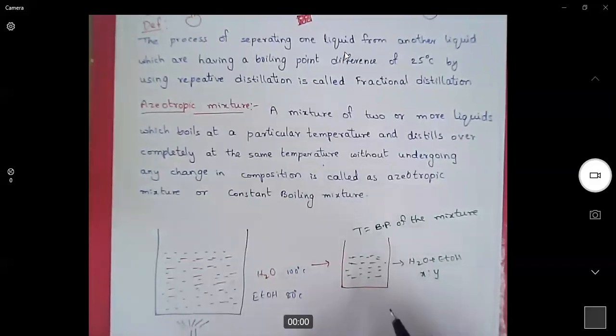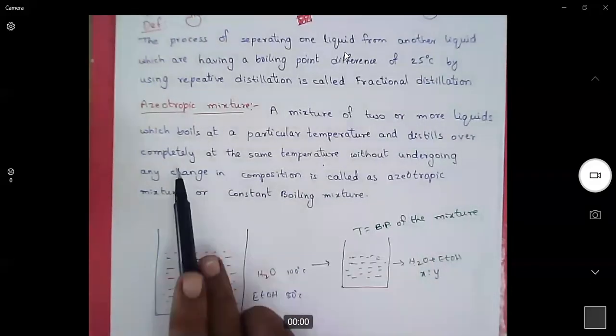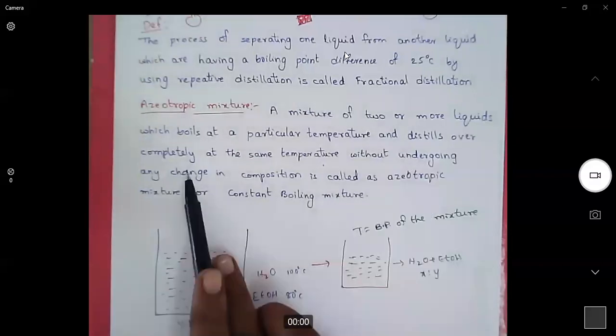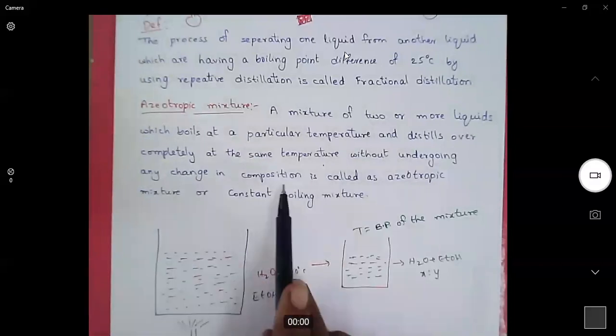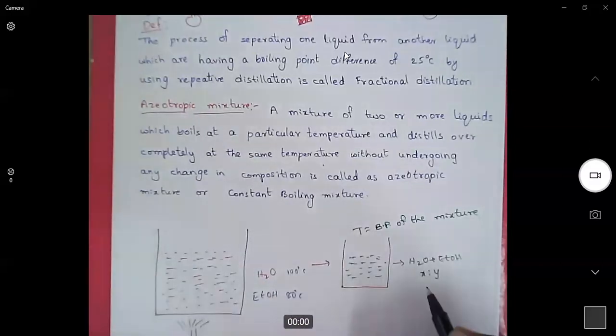That means, say for example, before distillation, if this mixture forms a uniform composition with 1 is to 2 ratio, then after boiling also the two liquids will be in 1 is to 2 ratio. So it distills over completely at the same temperature without undergoing any change in composition. So that is what is called an azeotropic mixture.